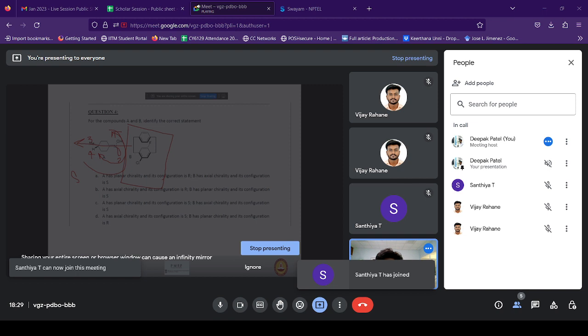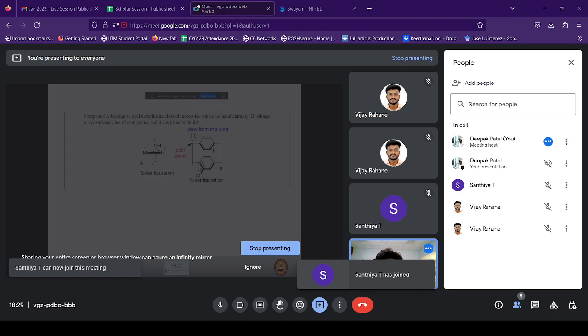Whatever this is will be 1, this will be 2, then on the other side it will be 3 or 4, any side. It's a very simple trick to solve this type of axial configuration. And for this type of planarity, you can always look from a point, just view from this point and give the numbering 1, 2, and 3. If for this system you are getting the R configuration.